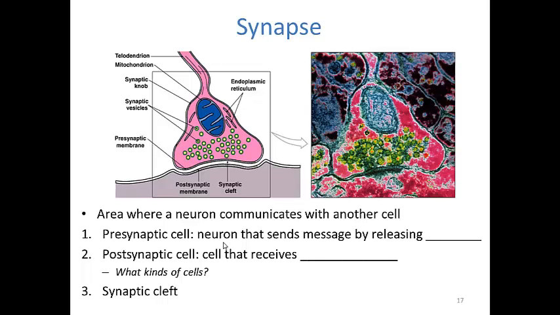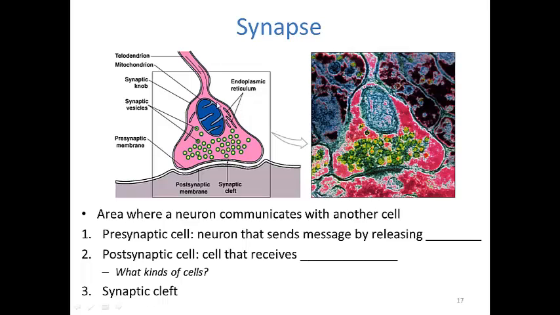There are different types of cells that can act as a postsynaptic cell. A postsynaptic cell could be another neuron, it could be a muscle cell, it could be a gland cell. So the postsynaptic cell can be different types of cells. The space between the presynaptic cell and the postsynaptic cell is called the synaptic cleft.